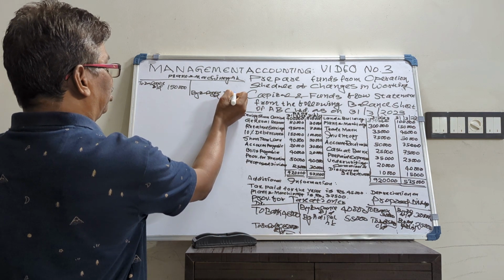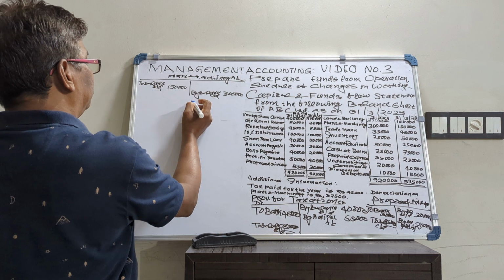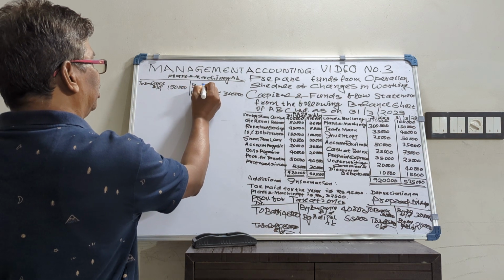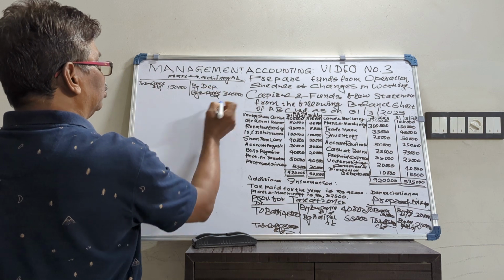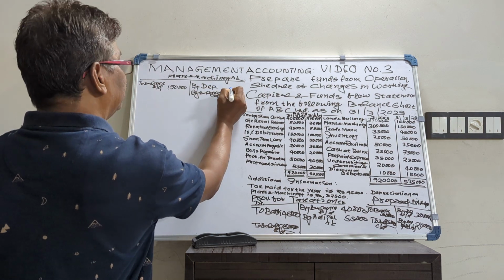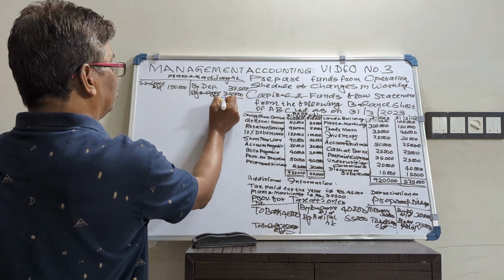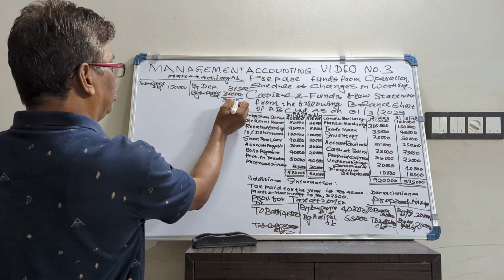So depreciation account debited to plant and machinery, that means plant and machinery credited by depreciation. So this is 37,500. When it is 37,500, total is 3,37,500.